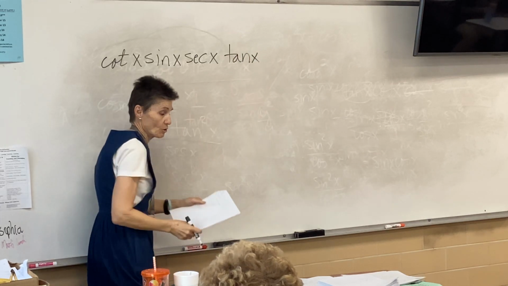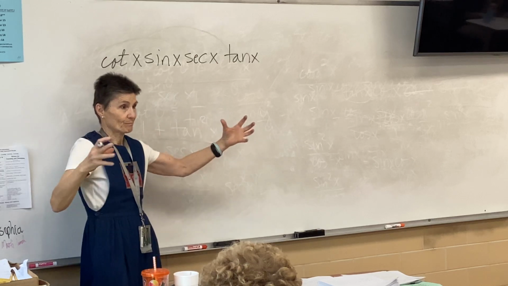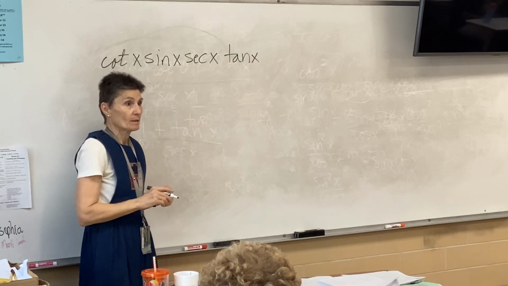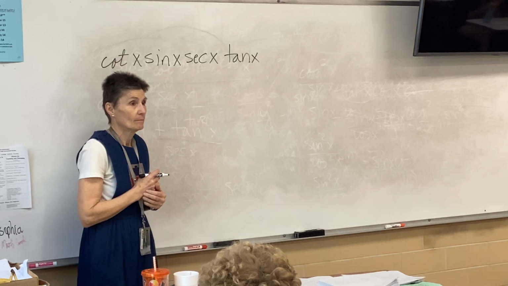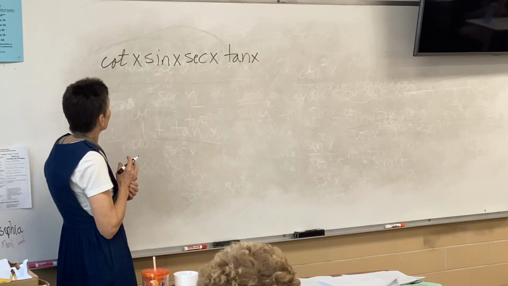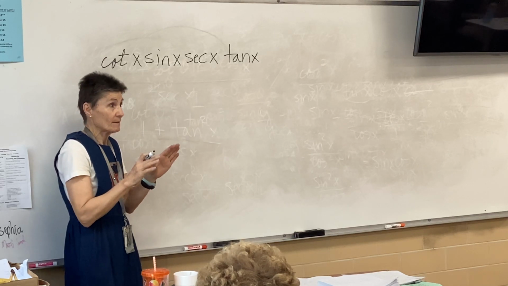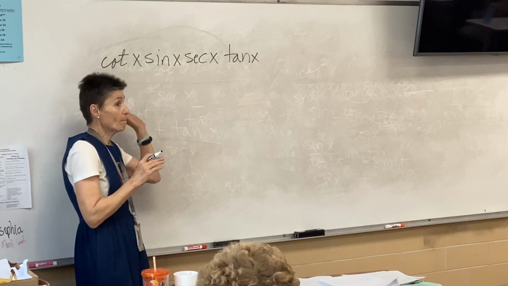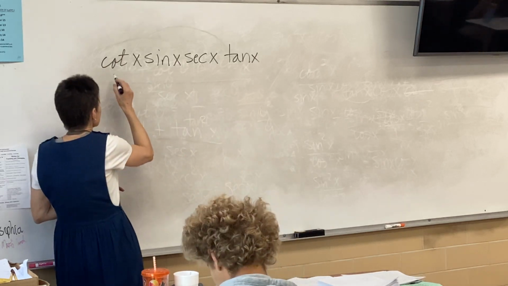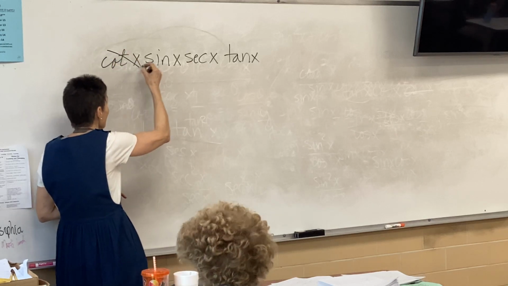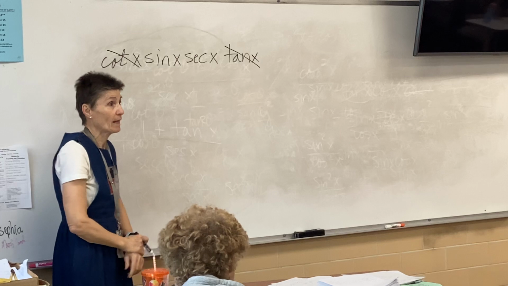Who remembers our strategy when we have a string of stuff here? Cancel. Okay, so let's talk about that. If you are multiplying, which we are, and you notice that you have reciprocal functions, yes, they will cancel out.